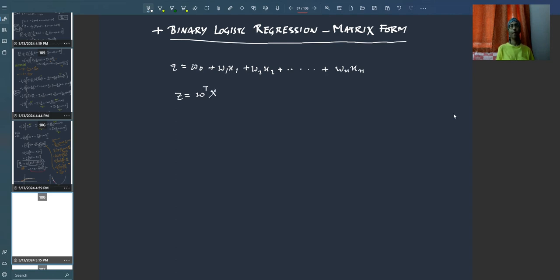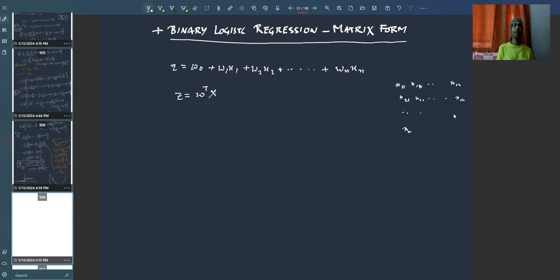Let's say we have m data points. This becomes the matrix, because we have x11, x12 like this, x1n, x21, x22, x2n, like this we have a matrix.